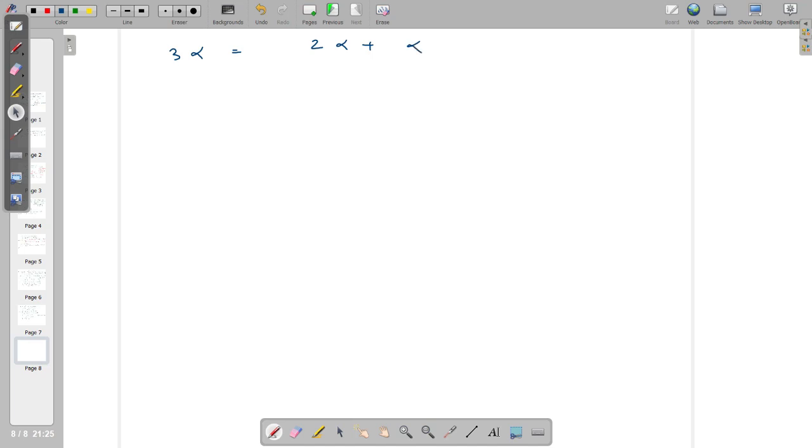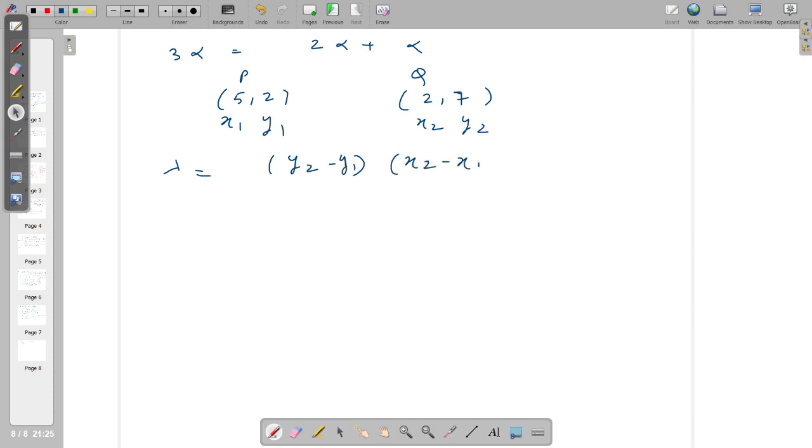So 2 alpha is here (5, 2), and alpha is q, so alpha is (2, 7). So now this is (x1, y1), and this is (x2, y2). So here is the case when p and q are not equal. So here lambda is going to be (y2 minus y1) into (x2 minus x1) inverse mod 11.